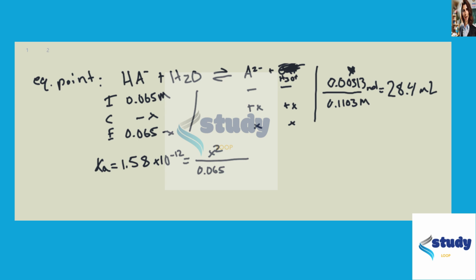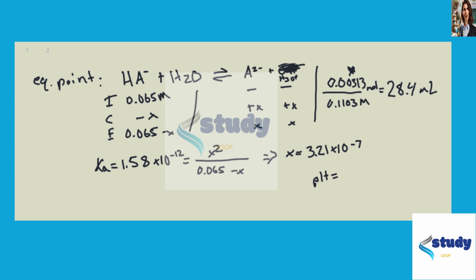Which is equal to x squared over 0.065 minus x. And so we have x is equal to, if we multiply by 0.065 and then take the square root, we get x is equal to 3.21 times 10 to the minus 7.